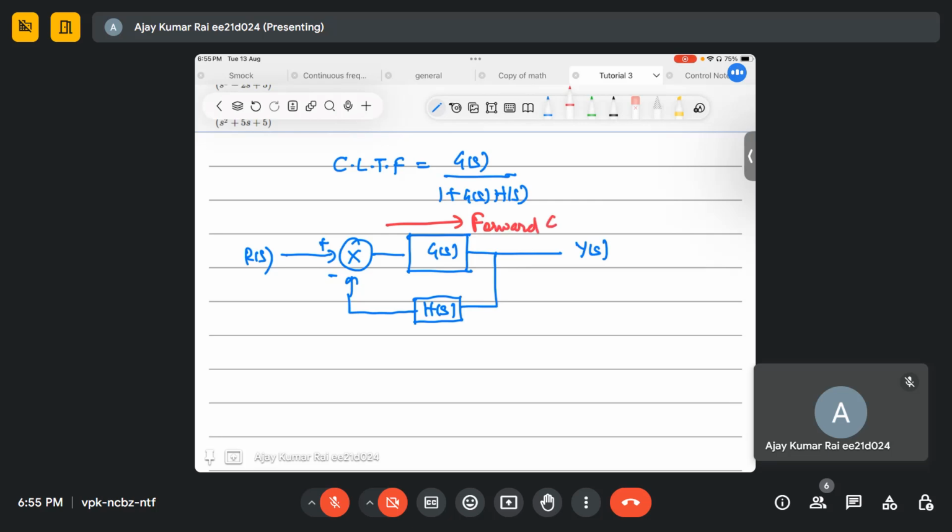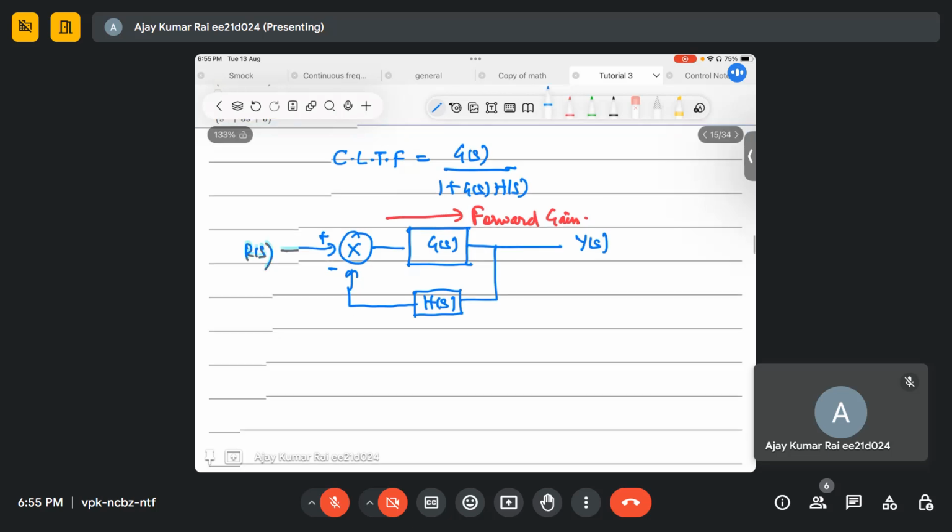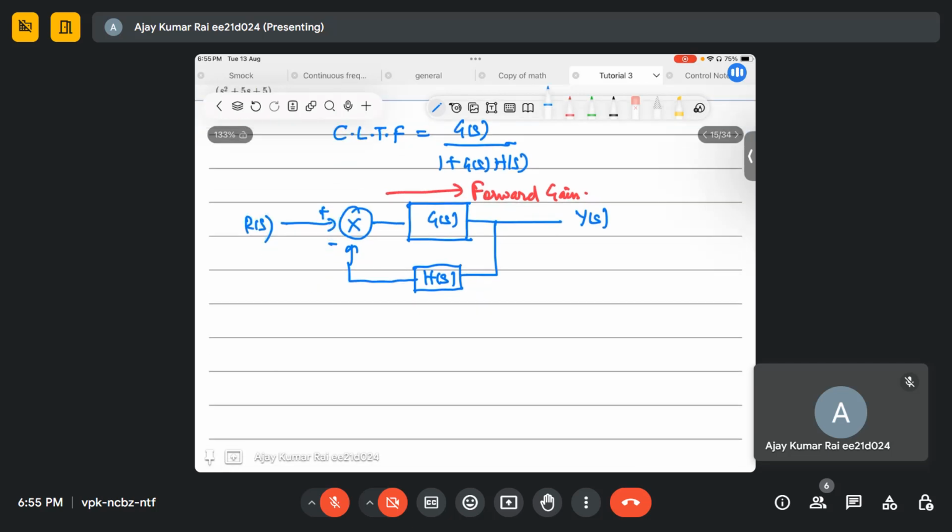This is the forward gain. In the forward path, we have the controller and the plant. So we have seen G(s) is equal to C(s) into P(s), right?